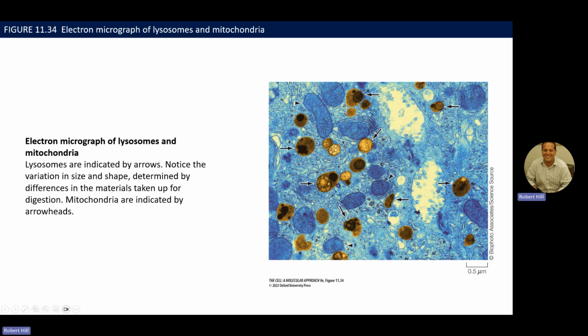These lysosomes can take on a variety of shapes and sizes. You can see these guys right here. This is electron microscopy. You can also see mitochondria in here, but a variety of shapes and sizes, and very, very abundant in the cell.